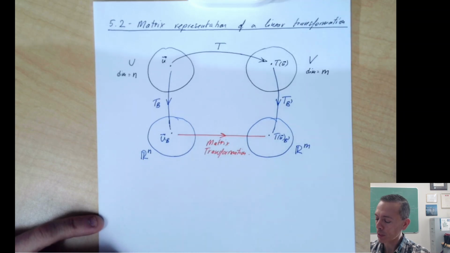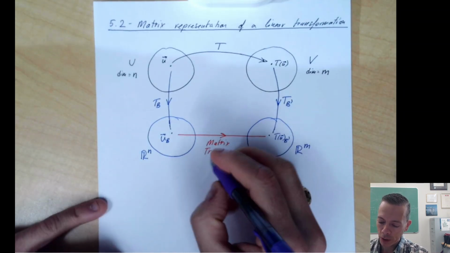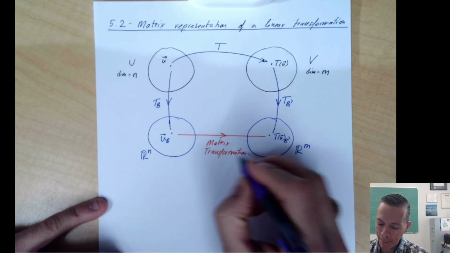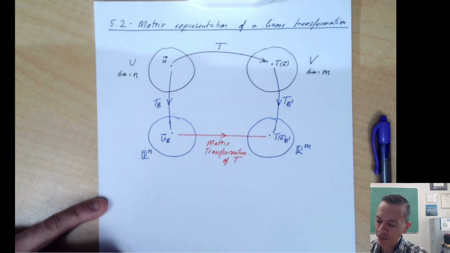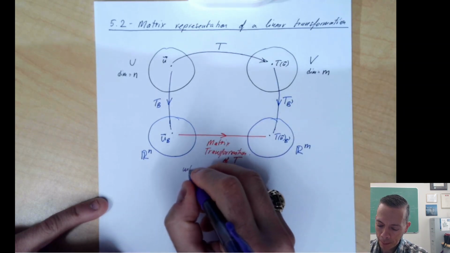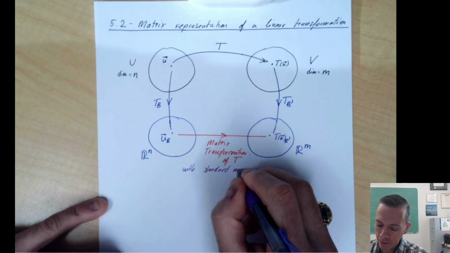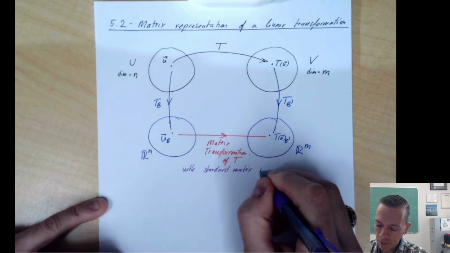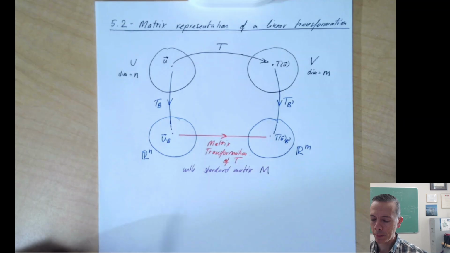Because it's a matrix transformation, you can write it using a standard matrix. This is the matrix transformation of T, and it will have a standard matrix M. The goal is to find this matrix M.